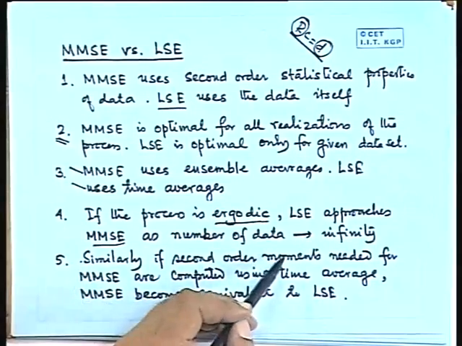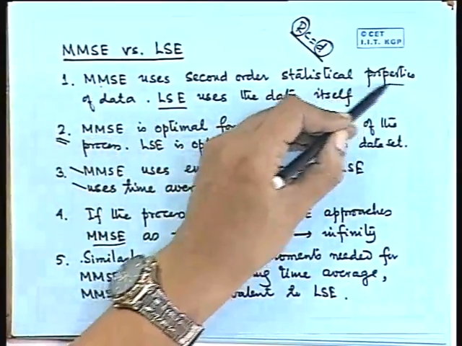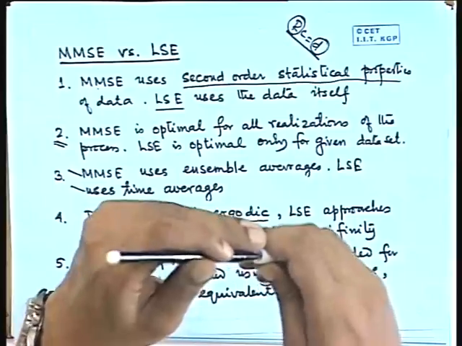Similarly, you may ask: MMSE will use second order statistical properties, so how am I going to get them? One way is to actually do ensemble averaging, that is, perform many experiments, compute the autocorrelation function for each experiment, and then sum them over the ensemble.